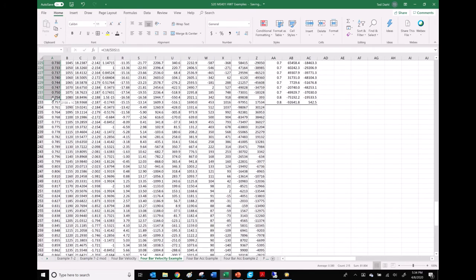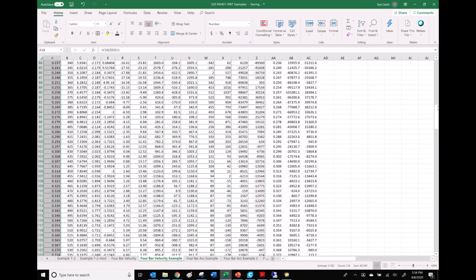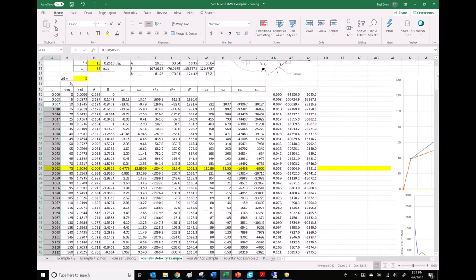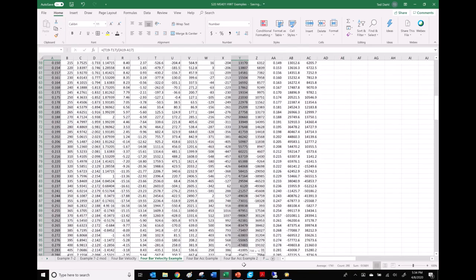I want to go down to only right around here so far, and then do the same thing. It's got to be an easier way to do this. My mouse is getting sticky for some reason. I don't like that. And we're doing it in the X direction, right? So I'll come down in here.